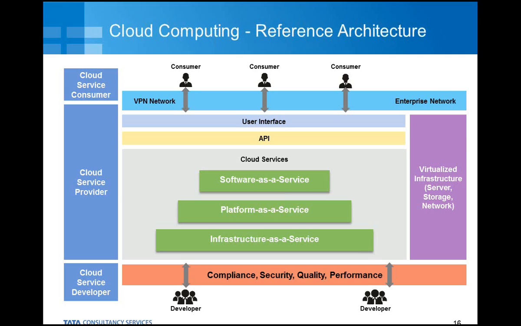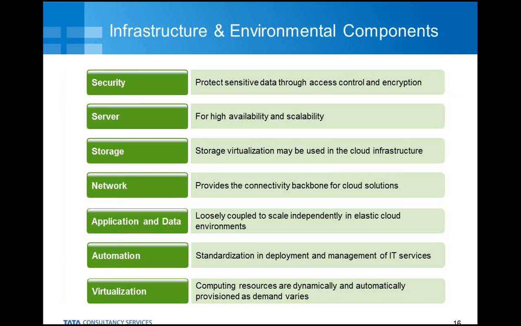Depending on the deployment model, they can access the services via a VPN network, or it could be an enterprise network, irrespective of the delivery channel, whether it's laptop, desktops, kiosks, or any mobile devices. So this is a typical reference architecture. I'm not getting into a deep dive into it. Moving on to my next slide.